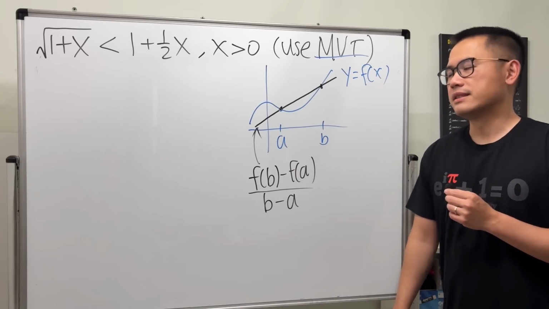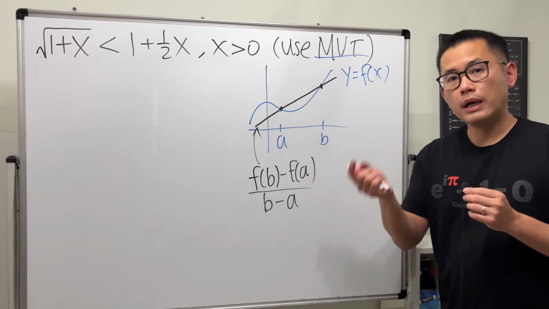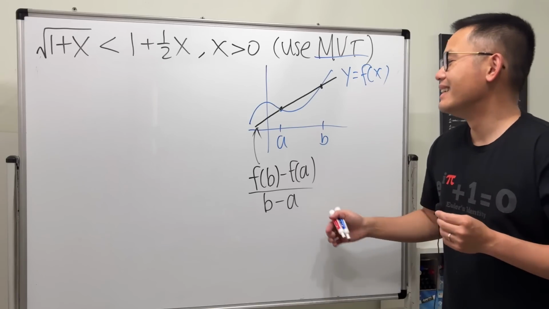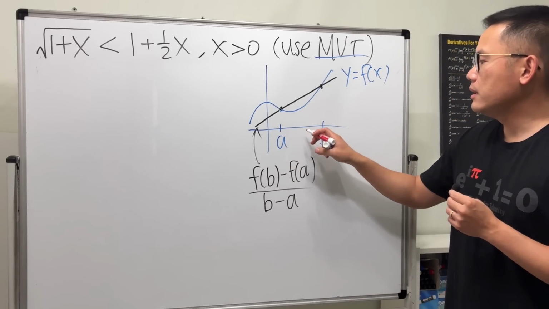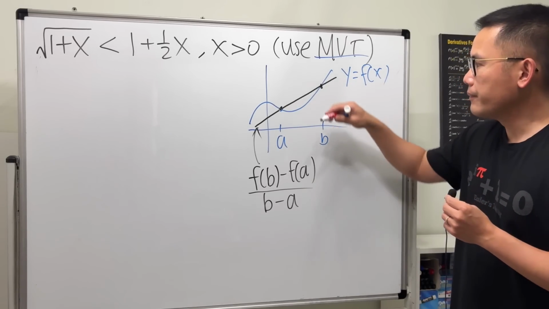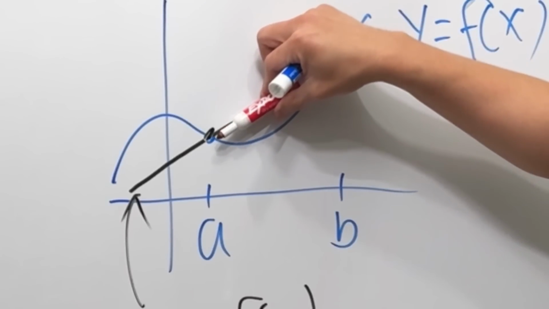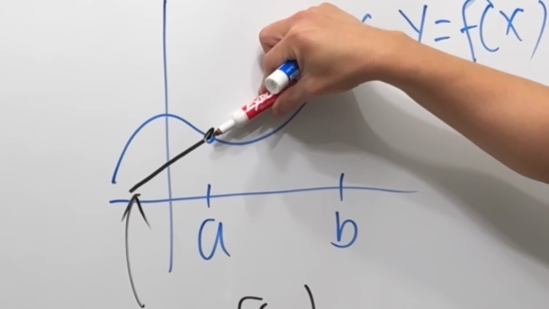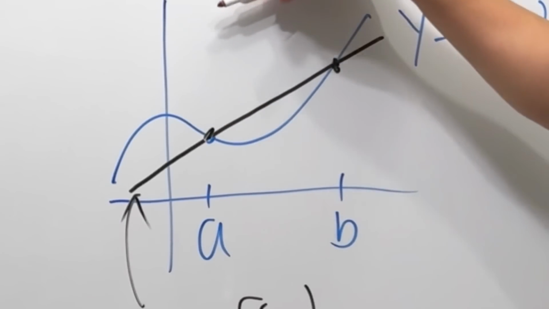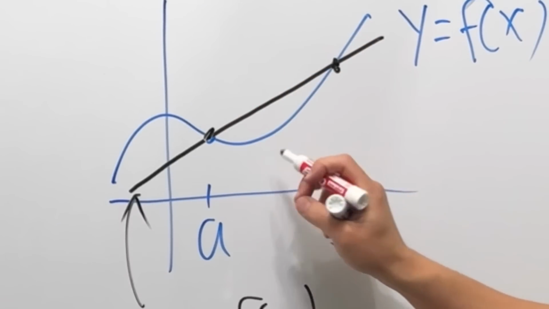The mean value theorem says that on this interval, there must be a c value, at least one of them, somewhere in between a and b, so that if you draw the tangent line there on the curve, what I'd like to show you is, use a pen or pencil or marker. If you just place your marker on the secant line and move up or down, you can find a curve, and you can see that it's about right here.